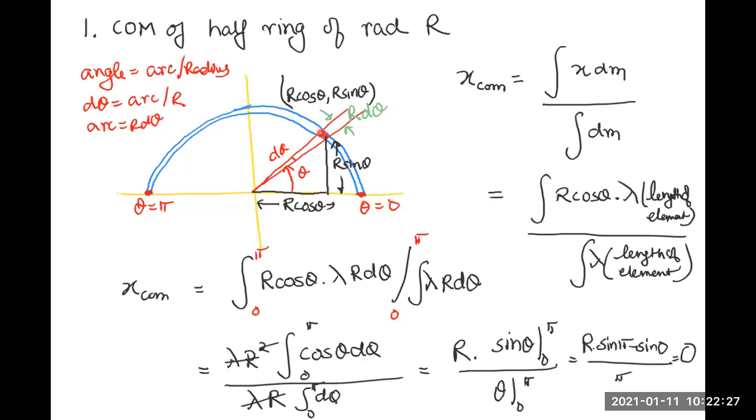And you can always find these corresponding particles on the two sides because this object is symmetric about the y-axis. So if an object is symmetric about the y-axis, the x-coordinate of the center of mass of that object is 0. And if an object is symmetric about the x-axis, then the y-coordinate of center of mass is 0.